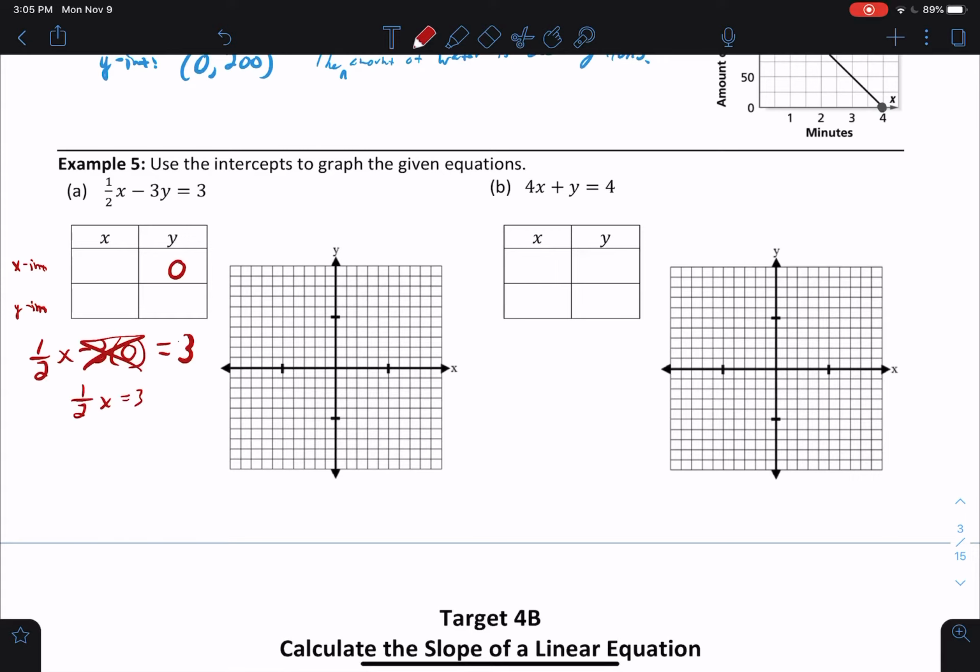To get the x totally by itself, I need to divide by 1/2, which is the same thing as multiplying by the reciprocal. Okay, so 3 times 2 over 1 is 6. So my x-intercept is (6, 0). I can plot that right there. That's my x-intercept.